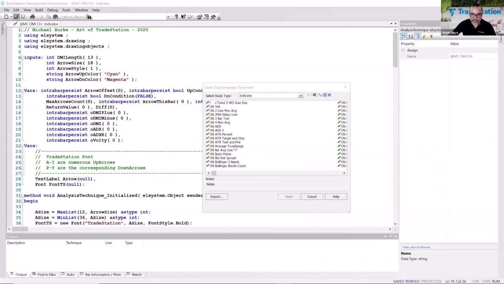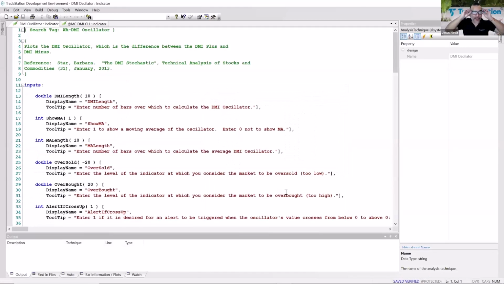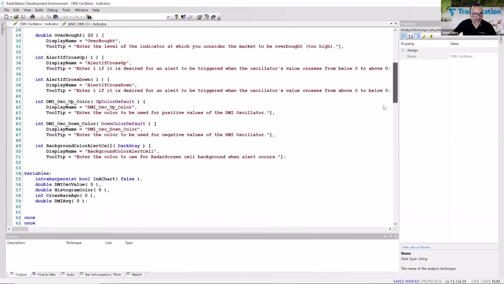And let me go here to the Ds. I just press the D on my keyboard, and it scrolls very quickly. And I'm going to choose the DMI oscillator because we already noticed that when we were looking at the two studies, one above the other, they were very similar. I just want to see what the difference is in the plot. So let me scroll down here.